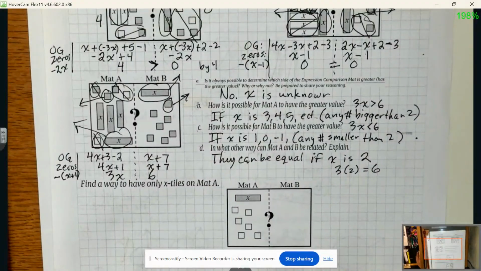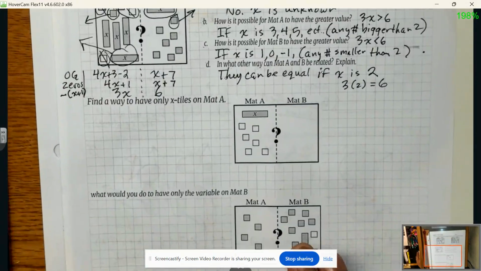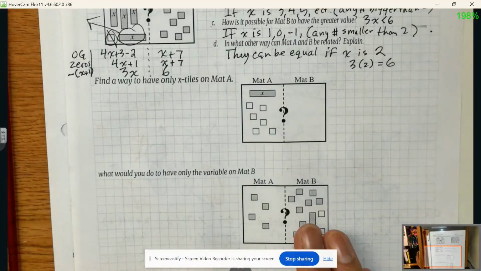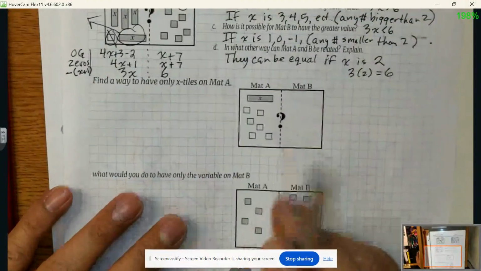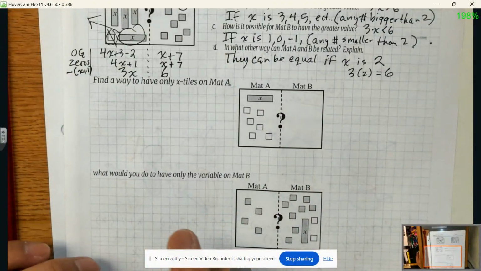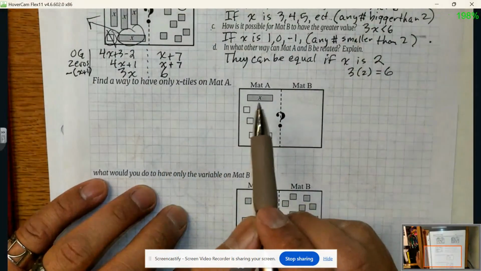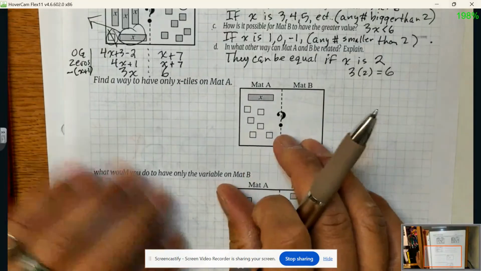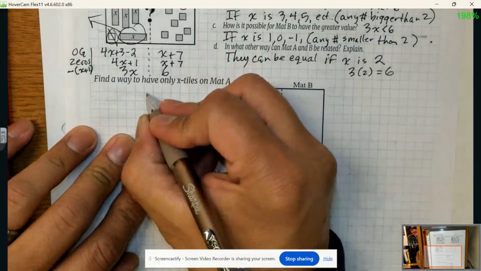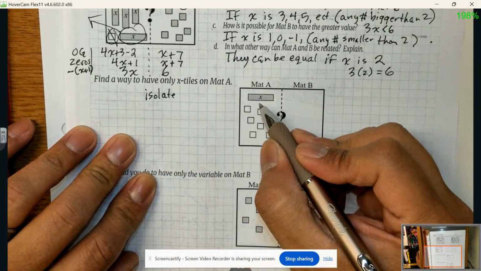Okay, so we're going to look at this next problem using this concept. Let's say we have these two mats, and we're trying to decide which one is bigger. Now, in order to do it, let's say we have to make only x tiles be on mat A. In other words, we need to isolate the x tile.